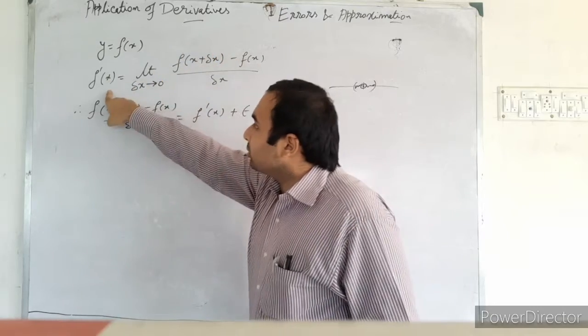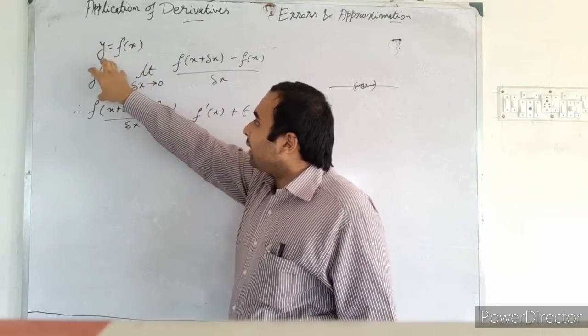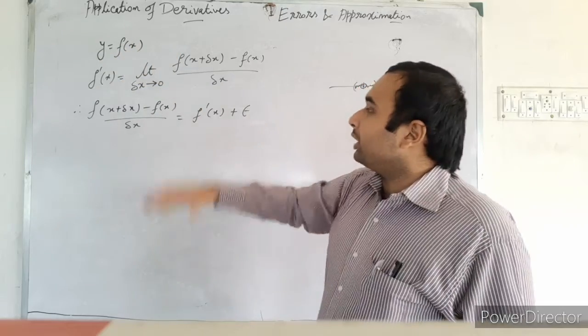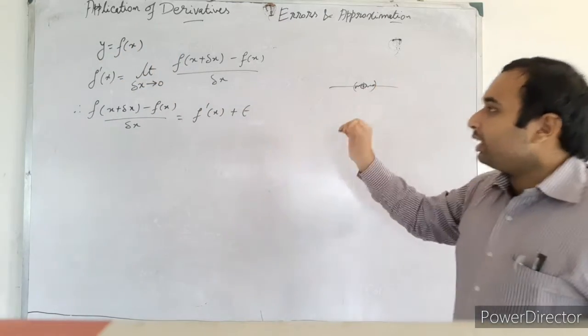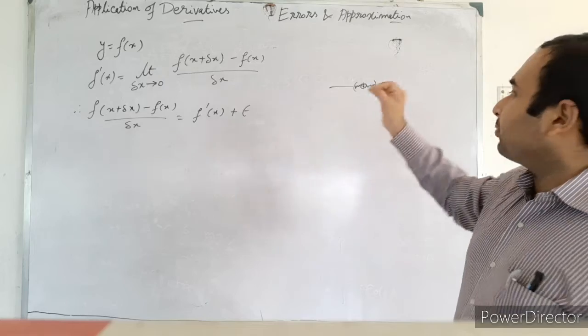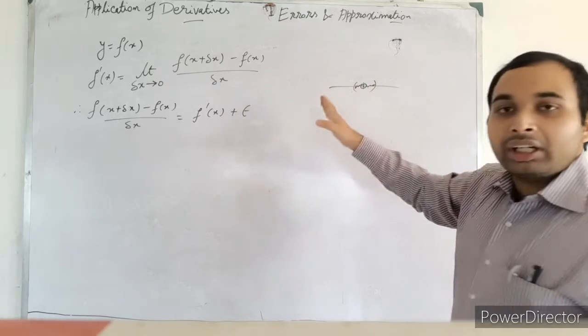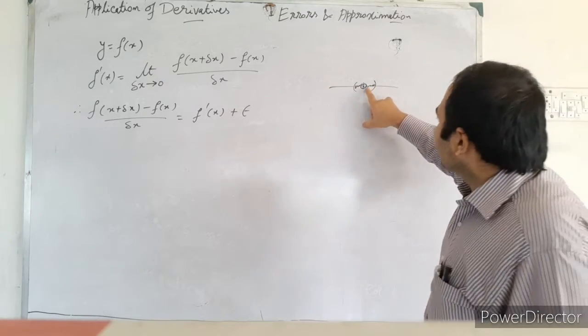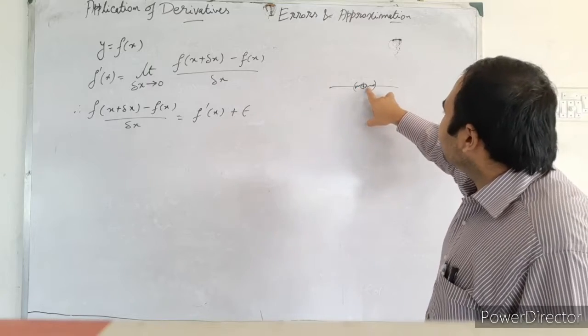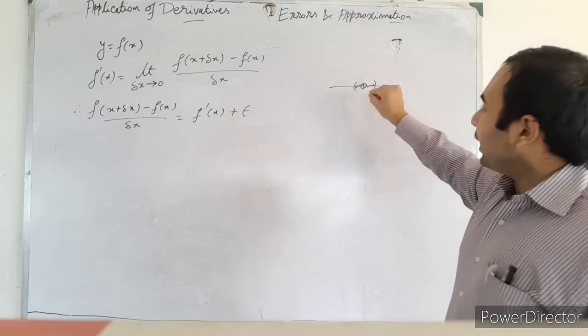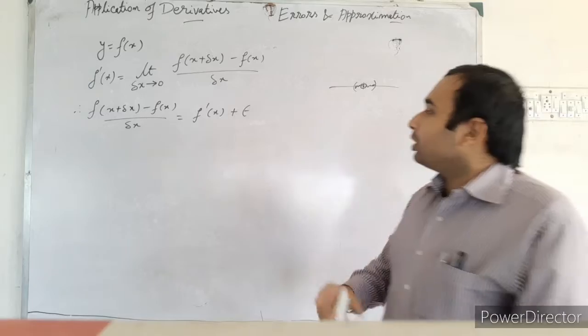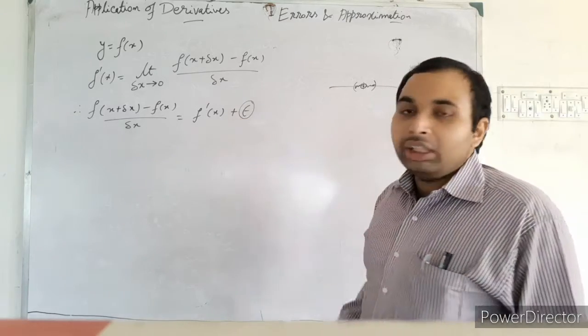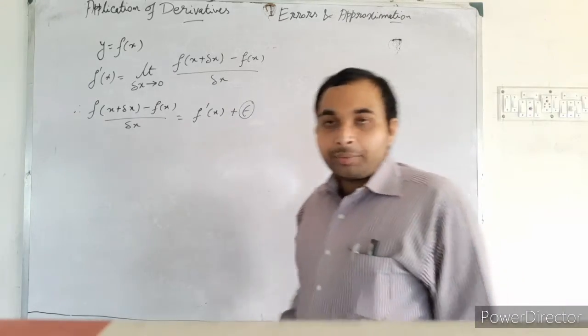When we take the limit, we are taking a very small increment of the value in the right hand neighborhood. So epsilon is a very small quantity, and we can write it like that.